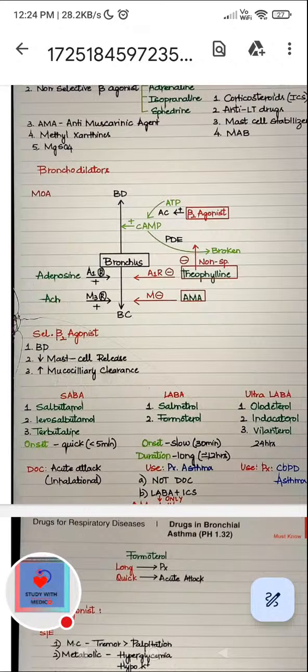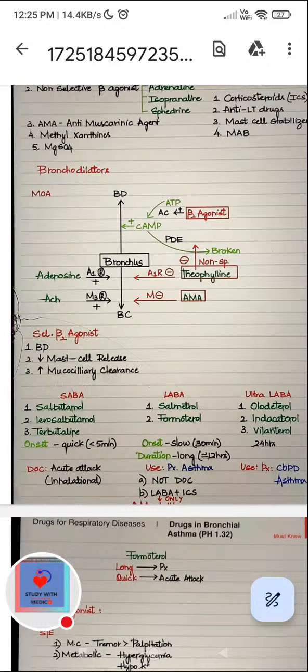Classification: drugs used for bronchial asthma. We use bronchodilators because there is a constriction, and leukotriene antagonists because it's a type 1 hypersensitivity. Along with leukotriene antagonists, we use mast cell stabilizers, corticosteroids, and anti-IgE antibodies.